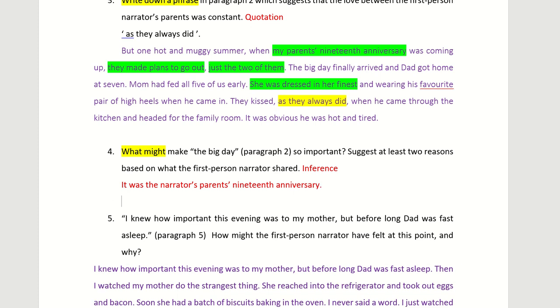What's the possible second answer? They made plans to go out, just the two. So why is it so important? Just because they made plans?